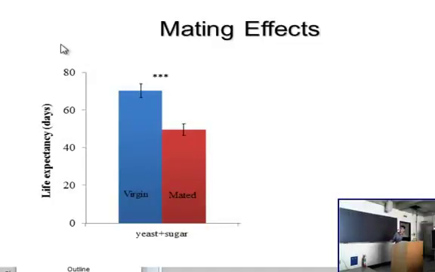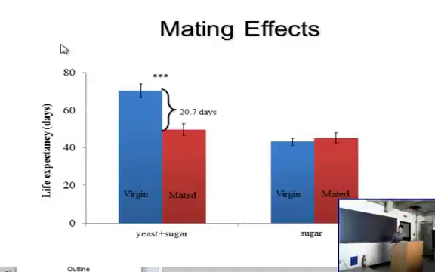When males were virgins, they lived almost 3 weeks longer than males that had continuous access to virgin females. So if this trend carried on into the sugar diet, it's expected that the sugar-fed mated flies would have very short life expectancies. Unfortunately, we don't see that. There's actually no difference between the males that are kept as virgins and those that have continuous access to mates.